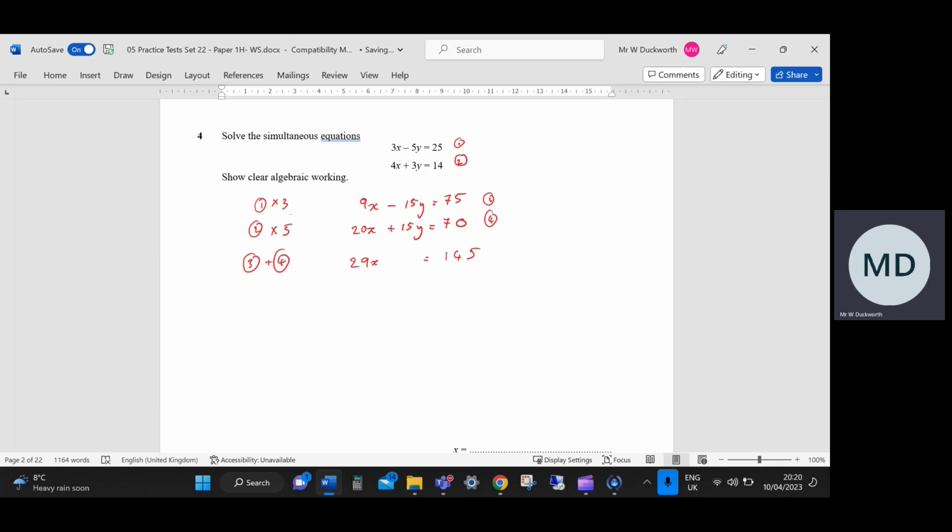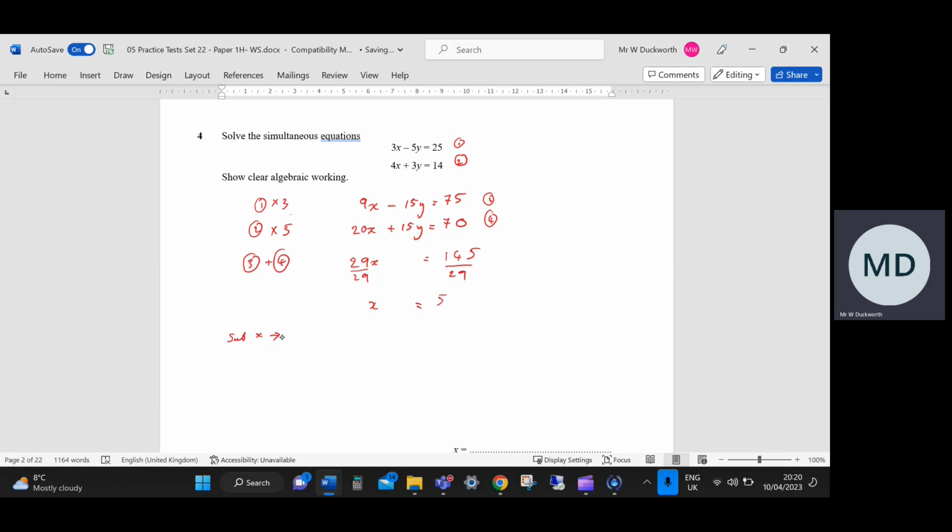From there, I'm going to divide both sides by 29, and that gives me x is equal to 5.